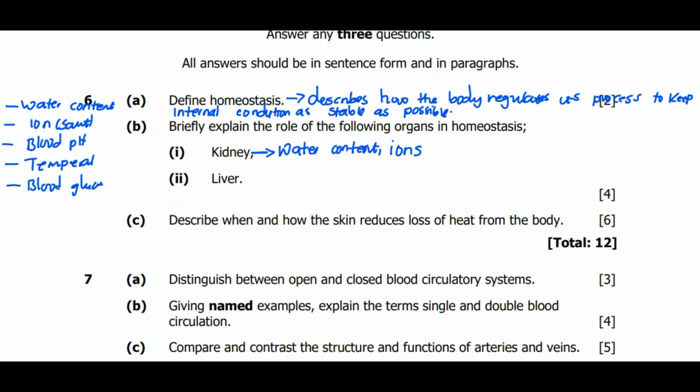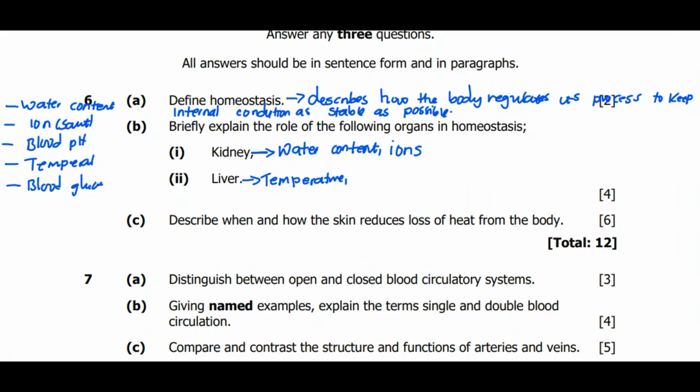Then from there, let's look at the liver. The liver can help to maintain the temperature, because we know that when the temperature goes below normal, the liver has the function to produce heat.